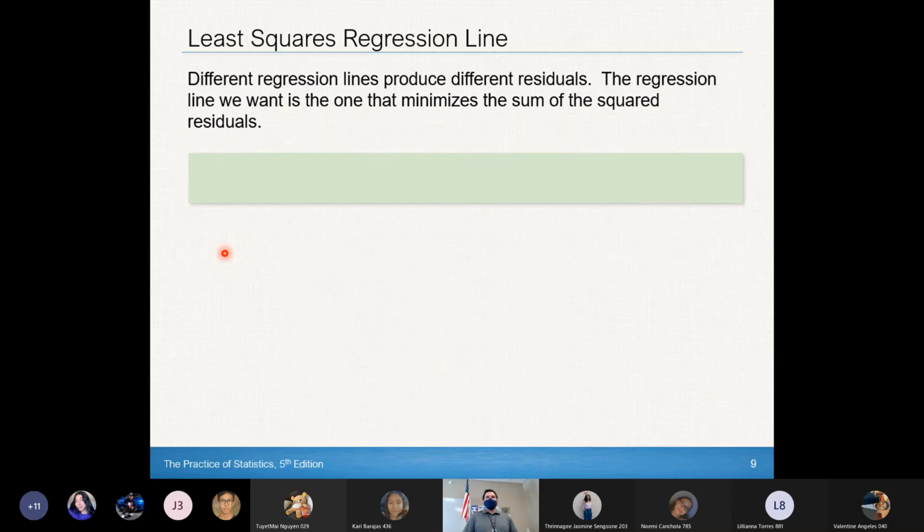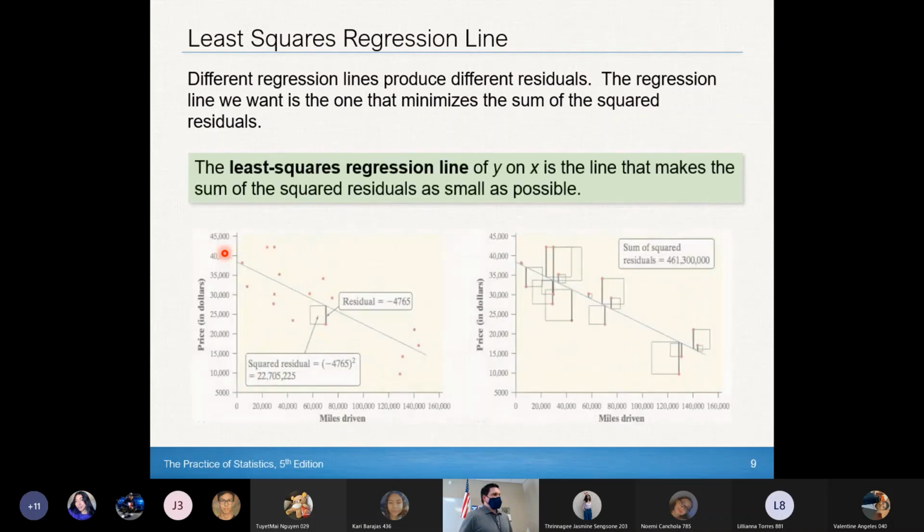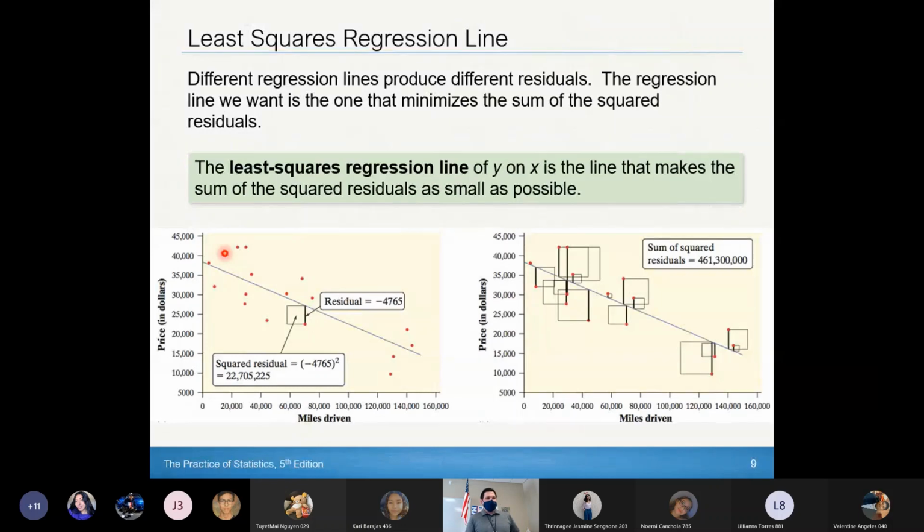Different regression lines produce different residuals. The regression line we want is the one that minimizes the sum of the squared residuals. It's essentially the best fit line. The least squares regression line of y on x is the line that makes the sum of the squared residuals as small as possible.